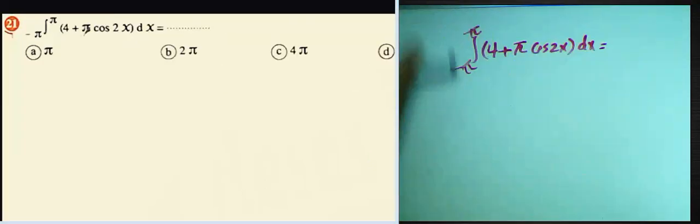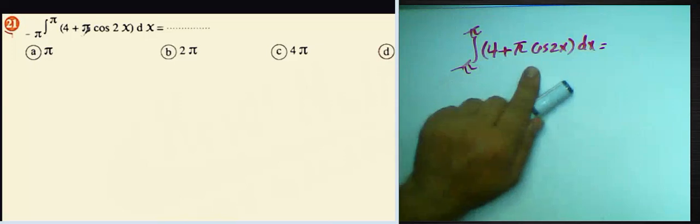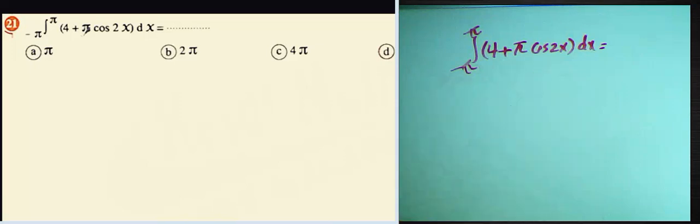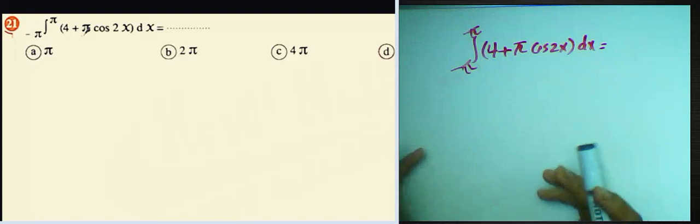Integration from negative pi to pi of 4 plus pi cosine 2x. Is this function odd or even? This function is even. Why?